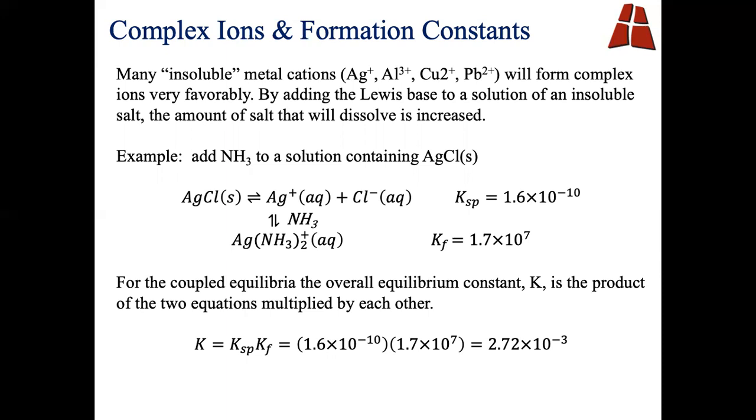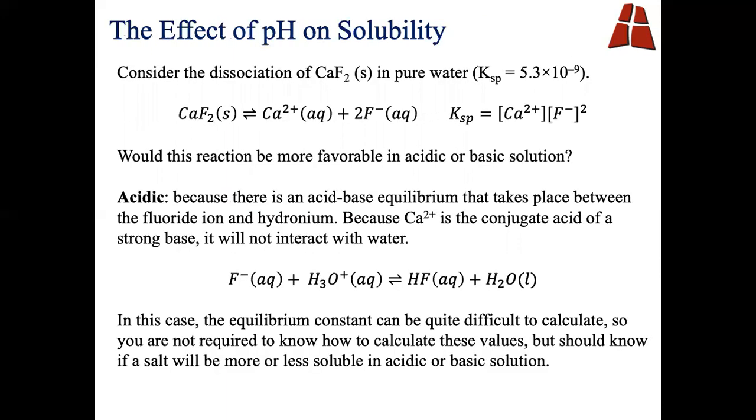Okay. Right, and then finally, we would consider the effect of pH on solubility as well. So if you have a salt that is partially soluble, for this example, calcium fluoride, we would want to be able to identify that calcium is the conjugate acid of a strong base, so that will not have any effect on the pH.